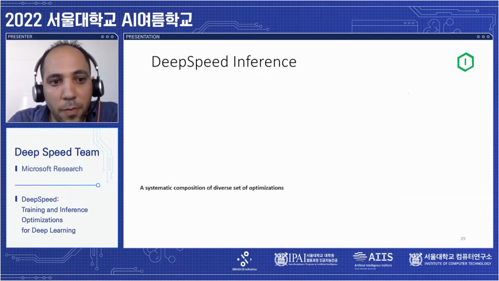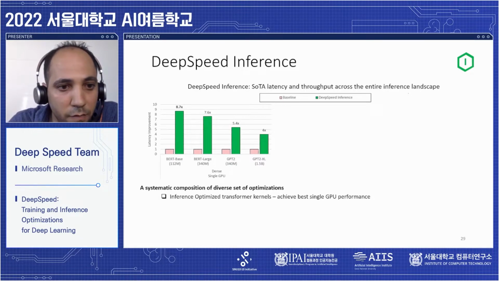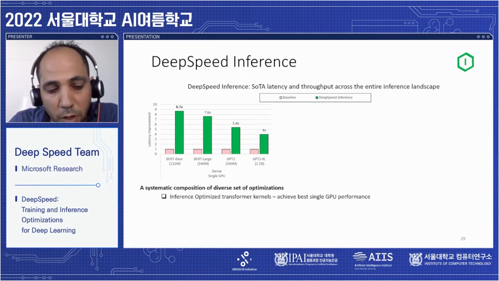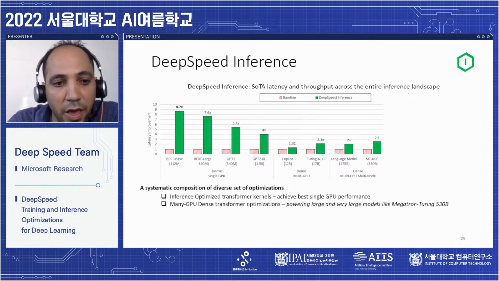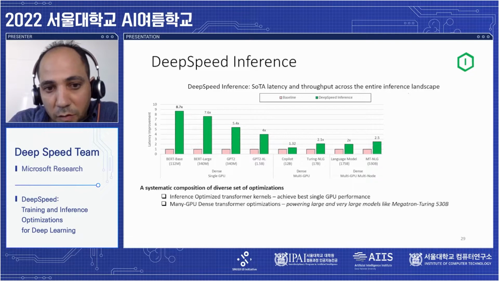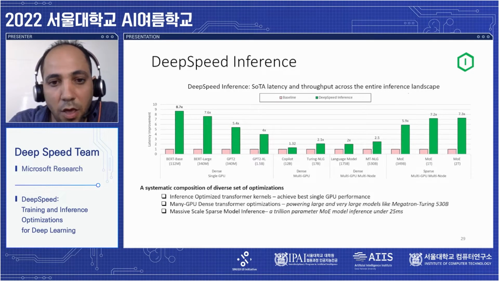Next, to achieve our goal, we have a systematic composition of different optimizations. The first technique, the core of the inference system, is the inference optimized transformer kernels, with which we can achieve the best performance for different models on one GPU. Second, we have the many-GPU dense optimization, where we can use efficient parallelism with minimum communication overhead to achieve high performance for even large models such as the 530B model size.